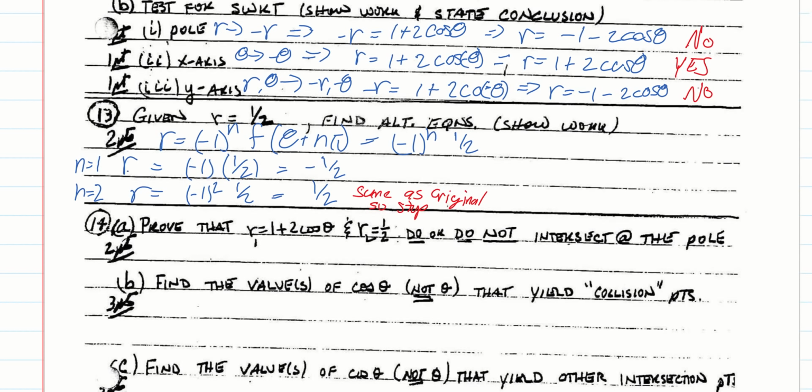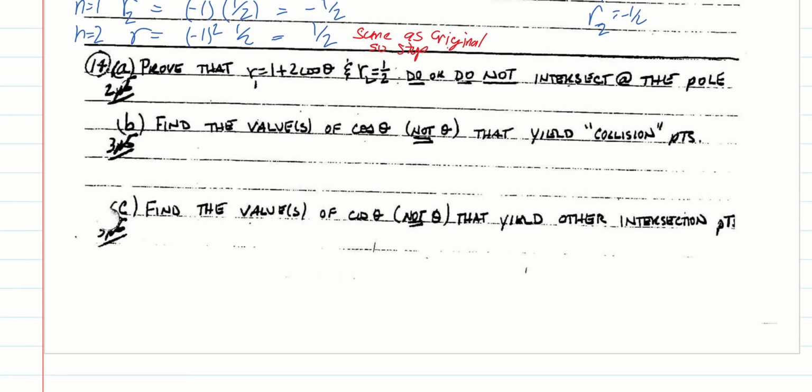So this is now our second, this is our first equation. So we have r1 equal to 1/2, r2 equal to negative 1/2. Bad writing right now. All right, now we have to prove whether r1 equal to 1 plus 2 cosine theta and r2 equal to 1/2 intersect at the pole.